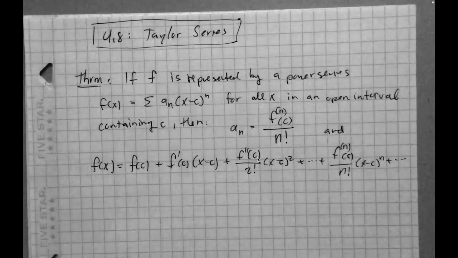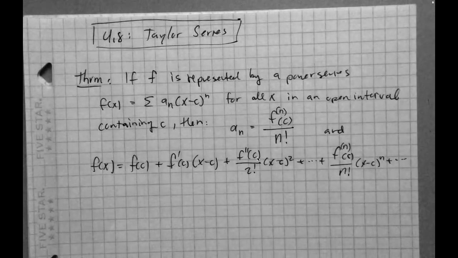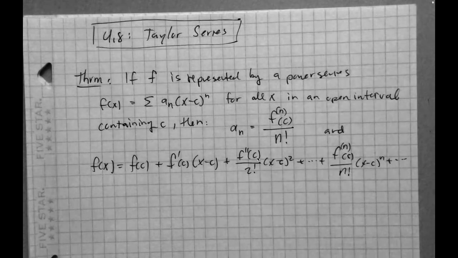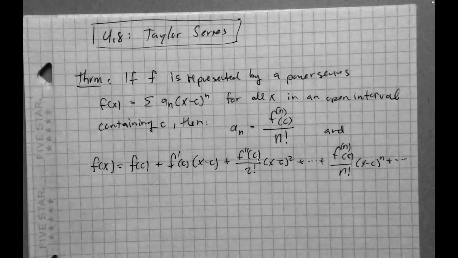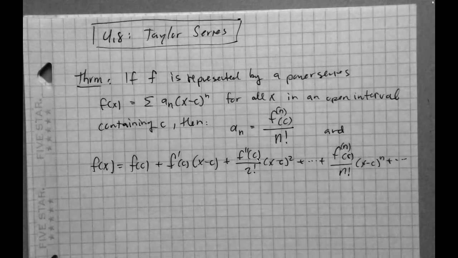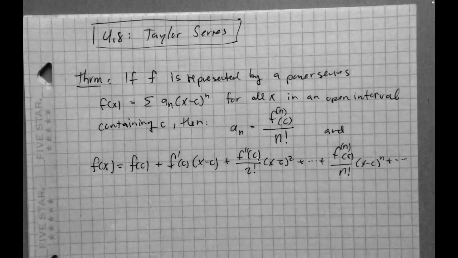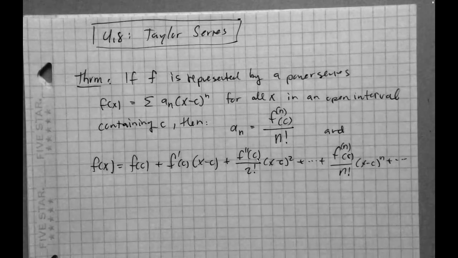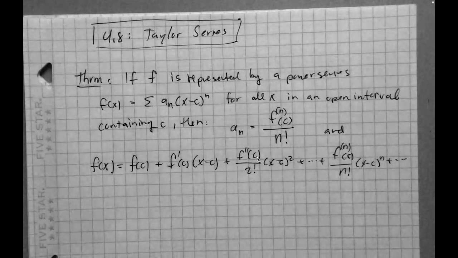That would be the series. This is the basis for what we're going to build the Taylor series on. Basically, this is the Taylor series, and we'll see that in a second.